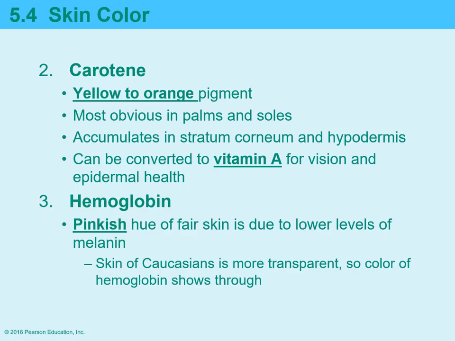On the face, you start to get this yellowish hue to it. But that's going to be more obvious, like I say, with someone who's very fair-skinned. Darker skin, it's not going to be quite as obvious.